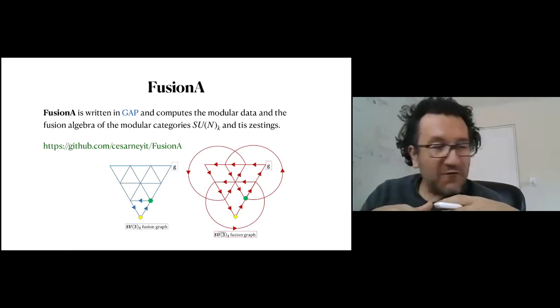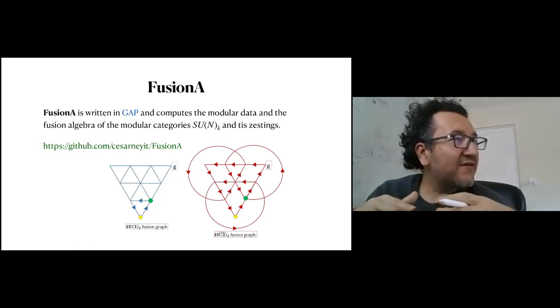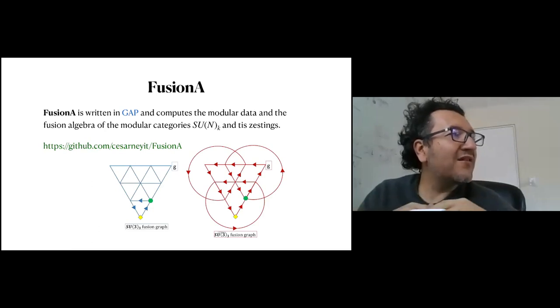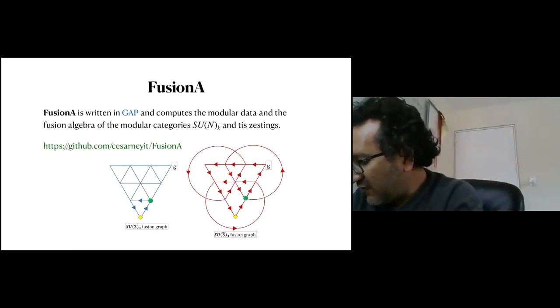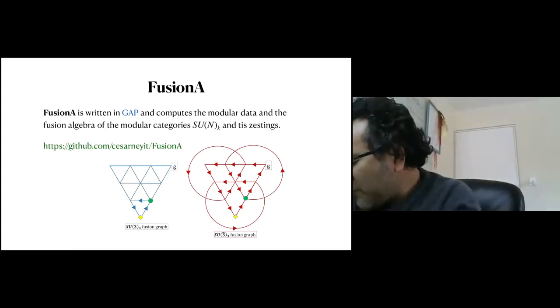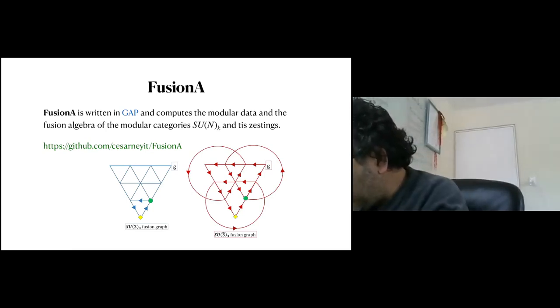Even the fusion rules are completely different, so they are not even equivalent as Grothendieck rings. For example, in the case of SU(3) level 3, those are the fusion graphs of SU(N) level 3, and this is this one particular zesting.